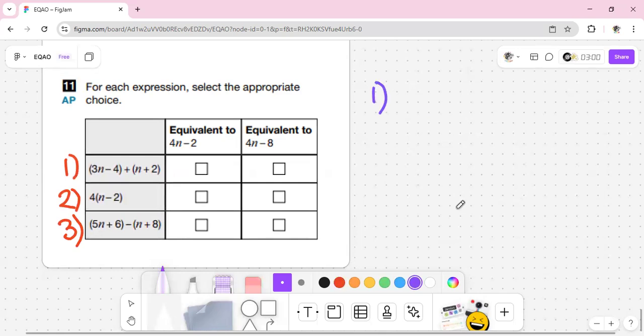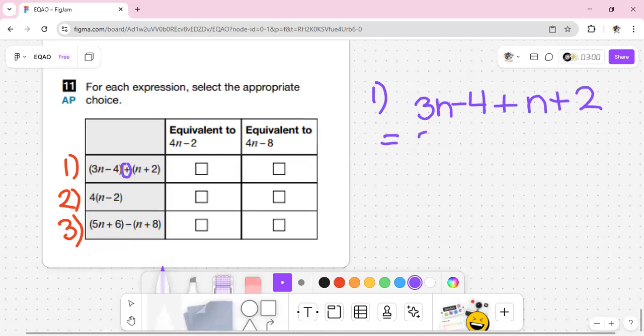So for question number 1, 3n minus 4. Now, because there's a positive 1, I don't have to distribute an actual number, so I can just drop the brackets and combine like terms.